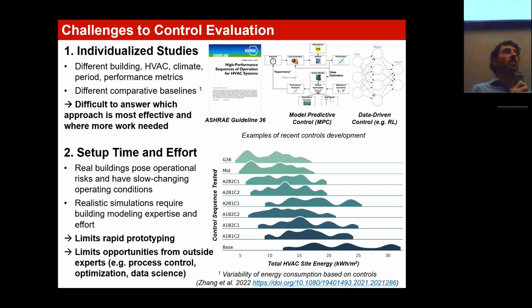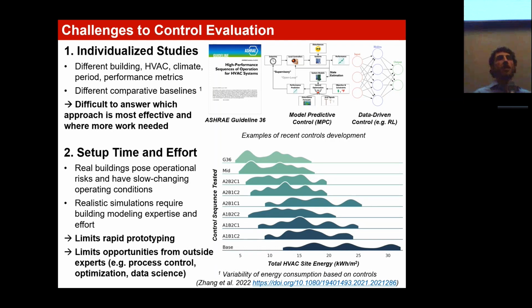For instance, this plot on the lower right is a study that we did not too long ago where we evaluated different control strategies applied to the same system, the same building. What you're seeing is some parameterization of climate and internal loads, but along the y-axis are different control implementations, different control strategies, and on the x-axis is HVAC consumption.